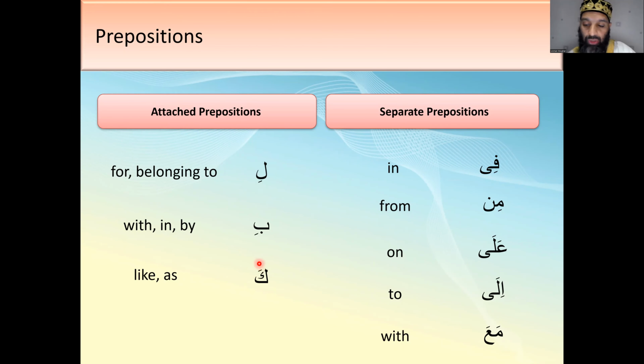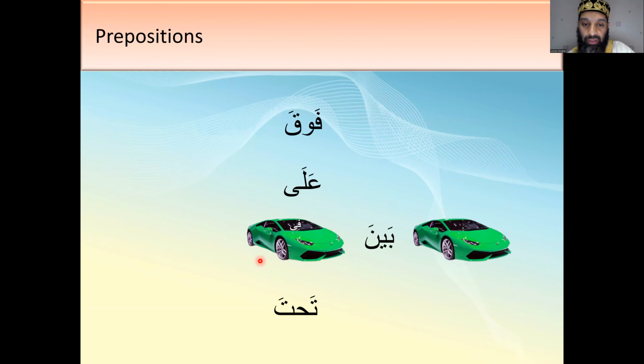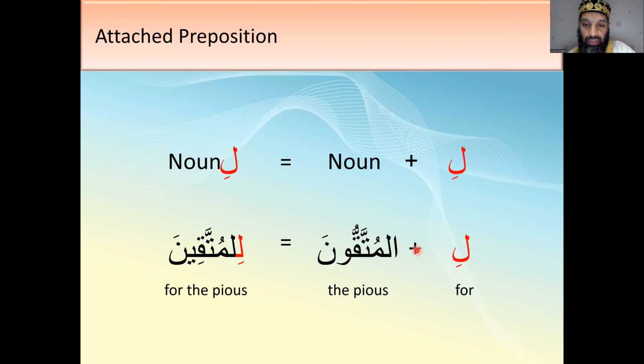So al-muttaquna becomes lil-muttaqina, because that lam is majroorifying the noun. Does it change the meaning here? No. So don't worry too much about it. But for those people who are Arabs, who have done some Arabic before, they might be happy hearing that.